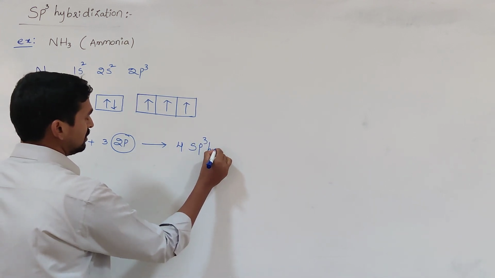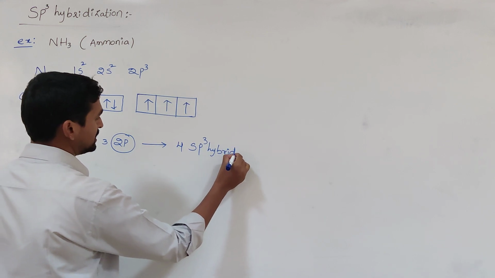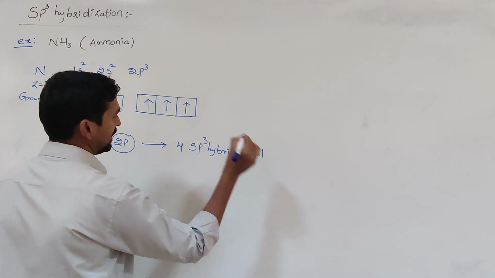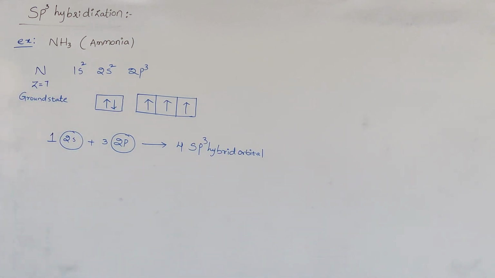orbitals. Once sp3 hybridization occurs, in which geometry are all the hybrid orbitals directed? Tetrahedral geometry.